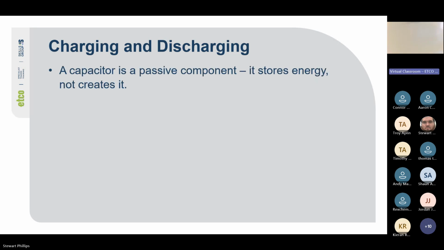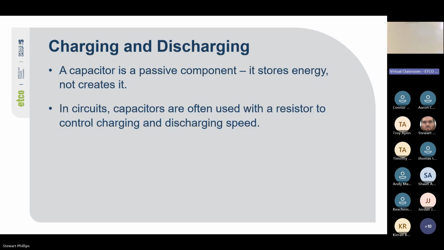Cool. So a capacitor is a passive component. It stores energy. It doesn't create it. In a circuit, a capacitor is usually used along with a resistor. The resistor helps to limit the flow of current going into and out of the capacitor.